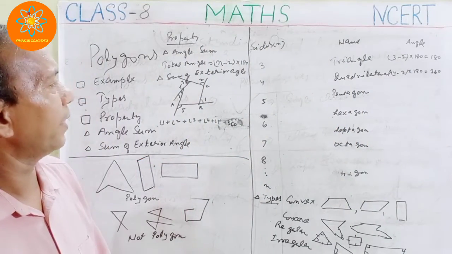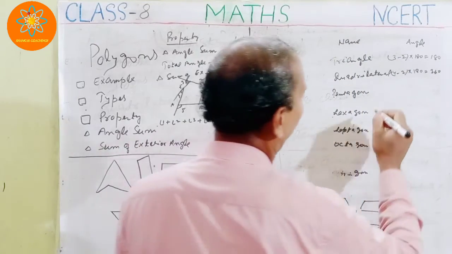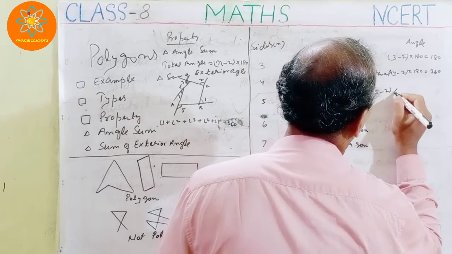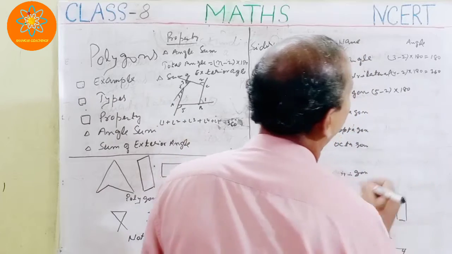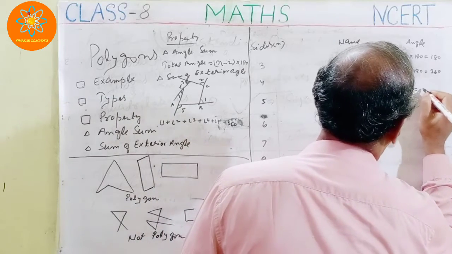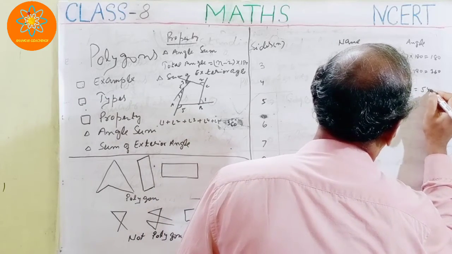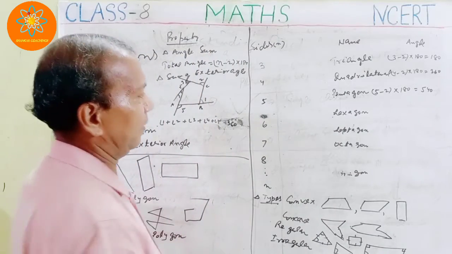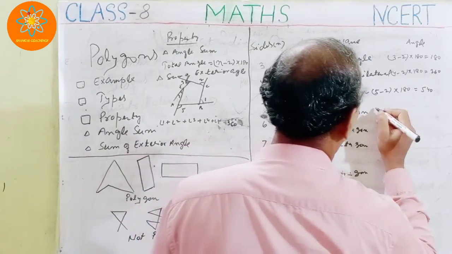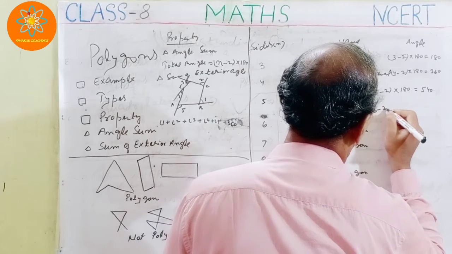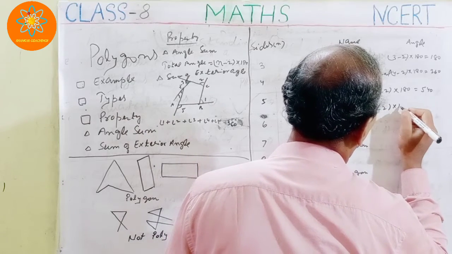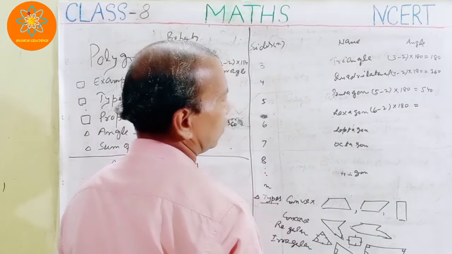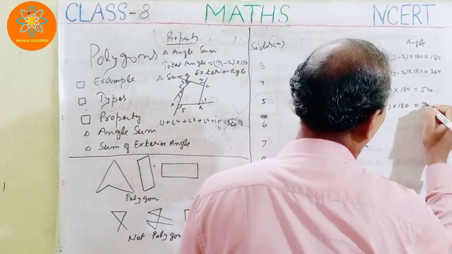Similarly for the pentagon, it is 5 minus 2 into 180, which is equal to 540. Similarly for the hexagon, 6 minus 2 into 180, and it is equal to how much? 720.